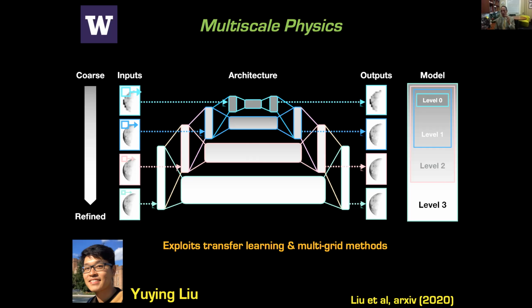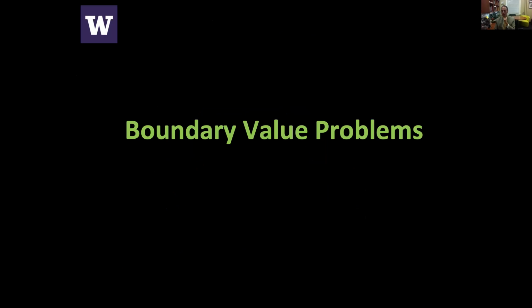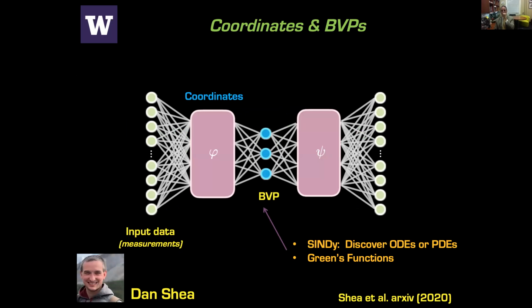This is what my student Lulin worked on. And then you can also do boundary value problems. Instead of being time-dependent problems, you can make them just boundary value problems. And this whole structure holds up there, where you can learn an embedding to learn governing equations for boundary value problems.